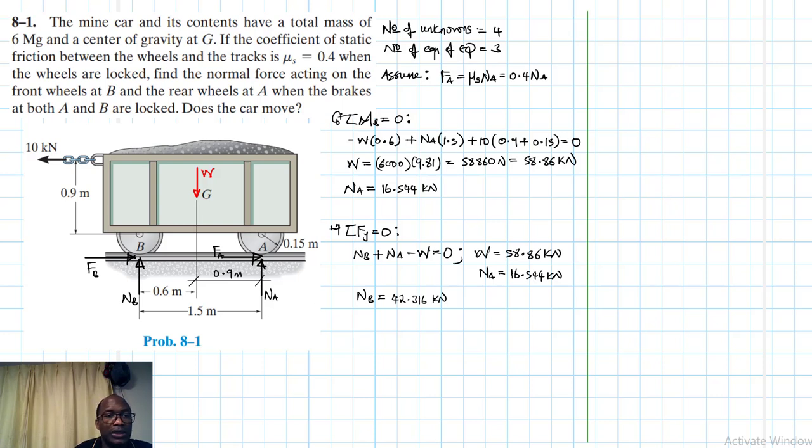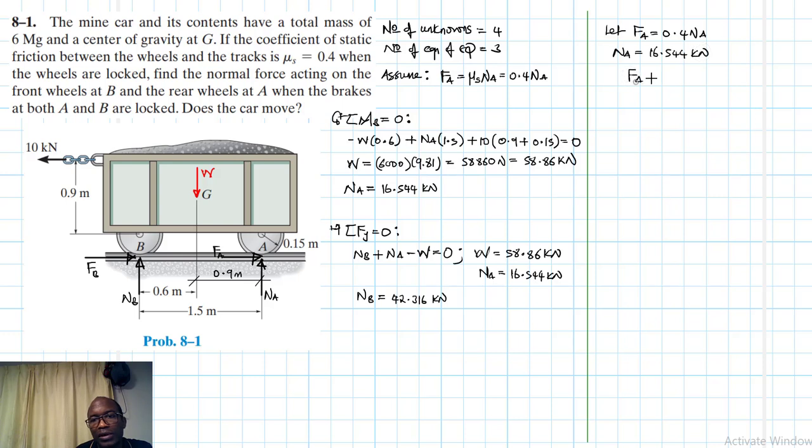So let's calculate them. We did say that we assumed FA be equal to 0.4 NA. And then we know that our NA, we calculated NA already, is 16.544 kilonewtons.